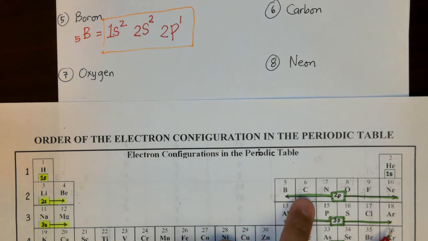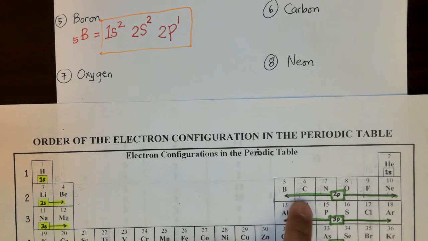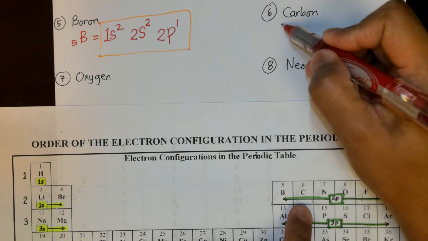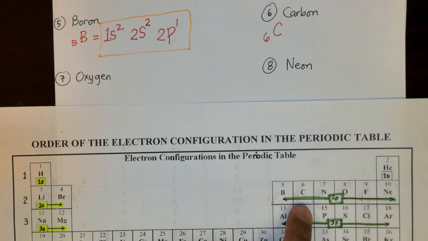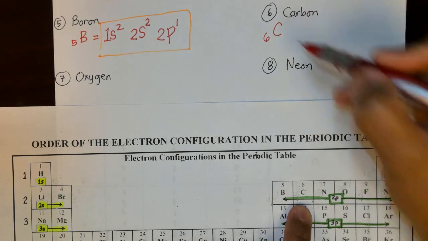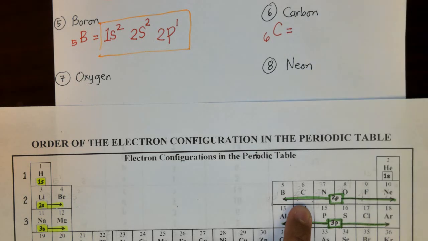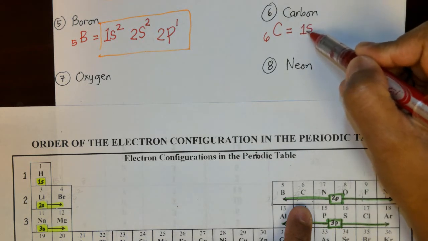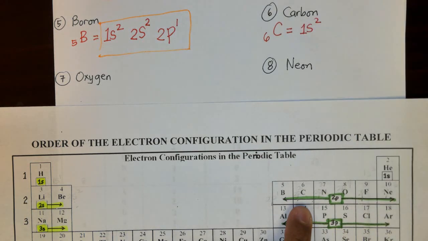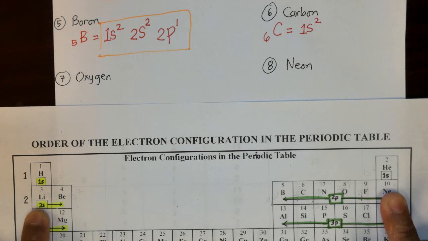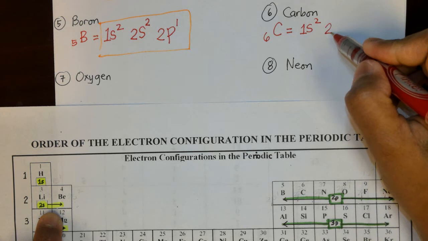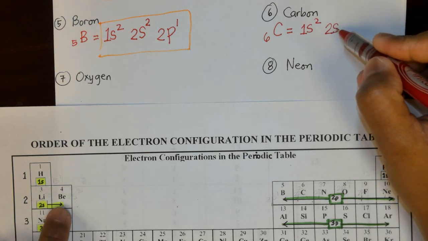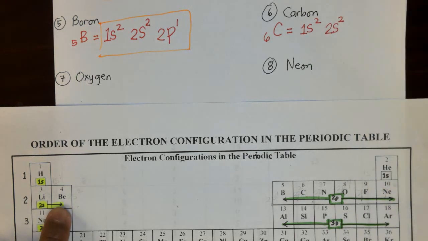When I proceed to the neighbor after boron, it's carbon. Carbon has an atomic number of 6. So I will still do the same. I go to the first floor. First floor is always 1s2. And after 1s2, to the left of the second floor, it's a 2s. So that's going to be 2s, and 2 elements here, 2s2.